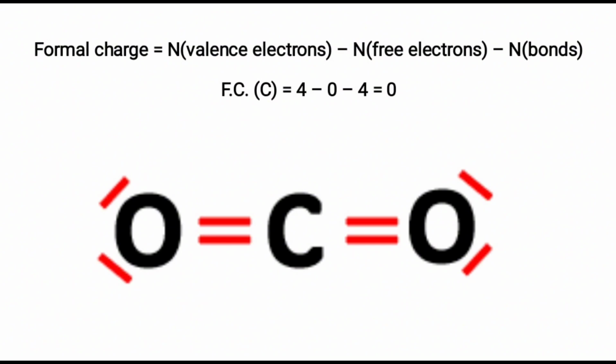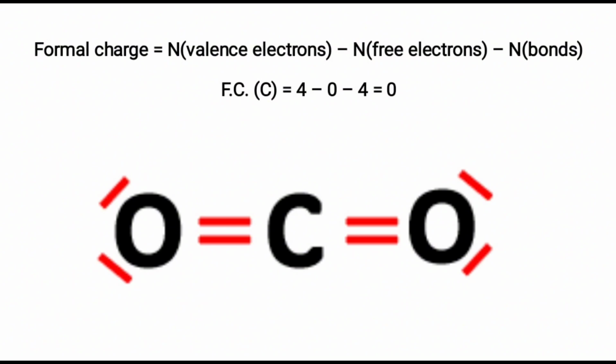Then let's calculate the formal charge for oxygen atoms. Actually, we calculate separately for every oxygen atom. Since these 2 oxygen atoms are analogical, they're similar, we can calculate it only once, and then we can apply it for both of them.